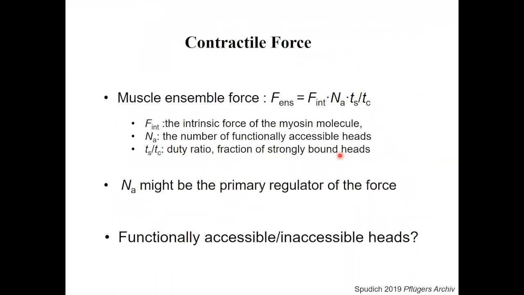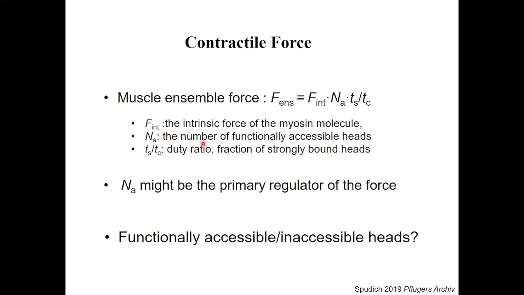The force a muscle generates during contraction was summarized by Spudich in this equation: the ensemble force is equal to F intrinsic times Na times the duty ratio. F intrinsic is the intrinsic force of myosin molecules, how much force one motor can generate.